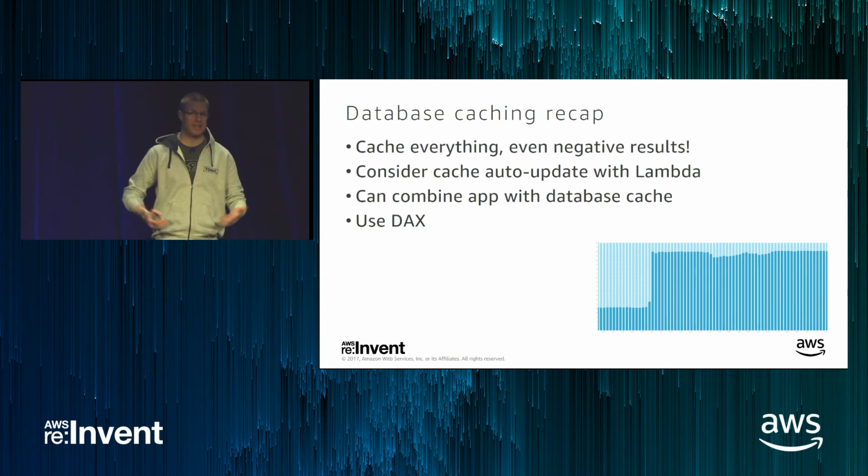So you can actually use the same caching cluster if you want to. And I highly encourage you, if you're able to use DAX, because DAX is an awesome service which takes a lot of the pain of the whole maintenance away from us as a customer, and it just works out of the box and delivers awesome results.